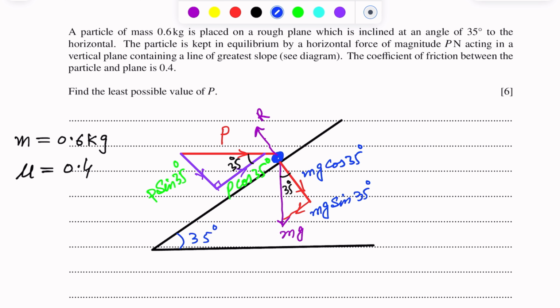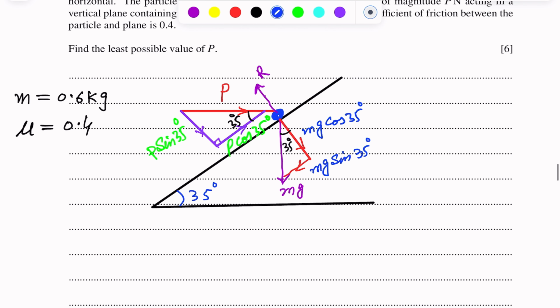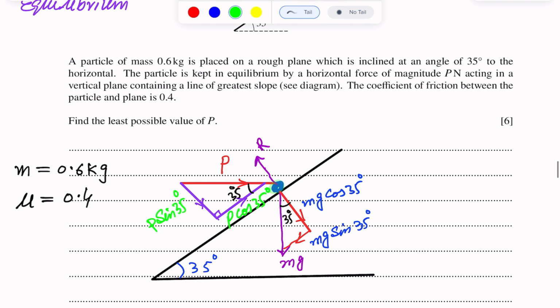Now we have mentioned all the possible forces acting on this particle, which is kept in equilibrium by this force P.